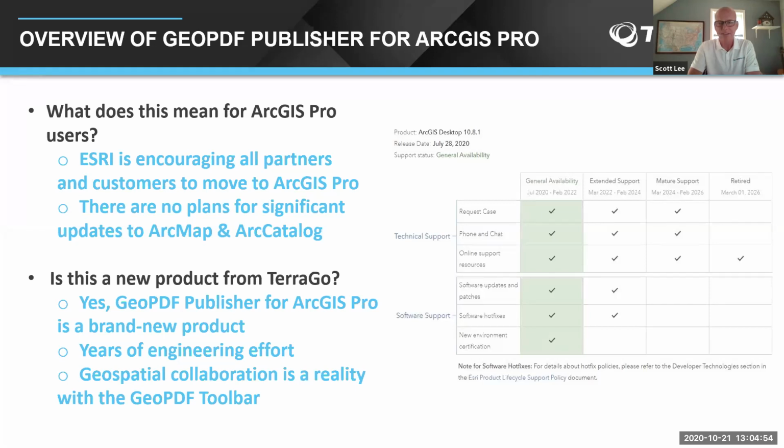And just like with the GeoPDF technology, when you have our GeoPDF toolbar installed on any user's workstation, you really have a collaborative environment, a geospatial collaboration environment for any skill set of user. They don't have to be GIS experts. They can just use the product, use that GeoPDF out of ArcGIS Pro with the TerraGo toolbar and have all of that true collaboration capability again.